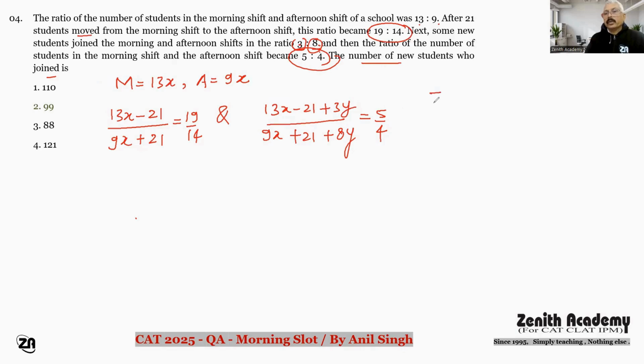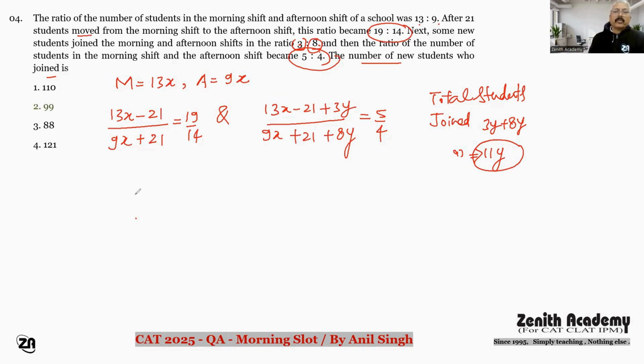So the total students joined are 3y plus 8y, means 11y. So simply get the value of y and this will be our answer. Means y you have to find.